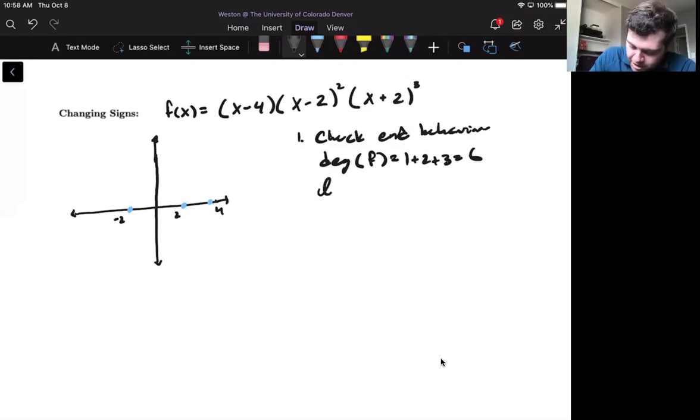And the leading coefficient is 1, which is positive. So that tells us by the rules we talked about in 5.1 that it's going to positive infinity on both sides. So our graph looks something like that.